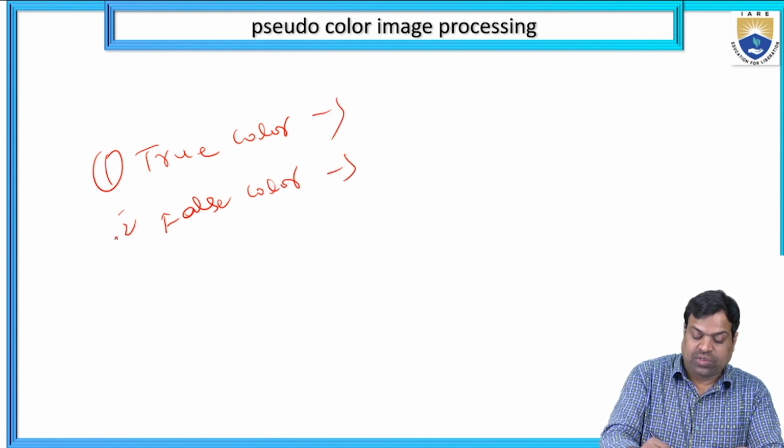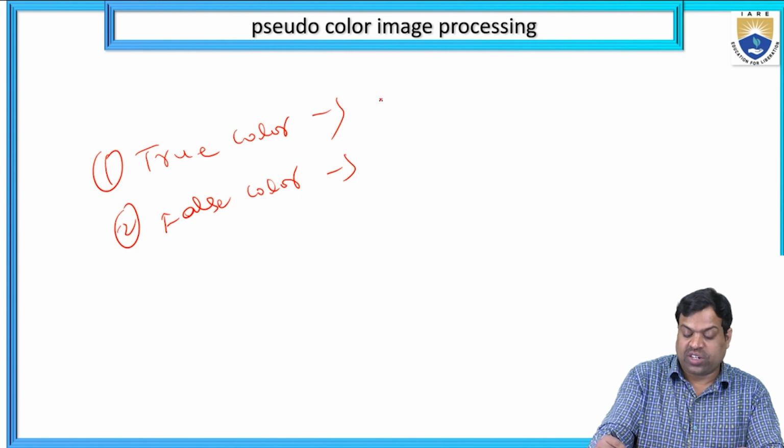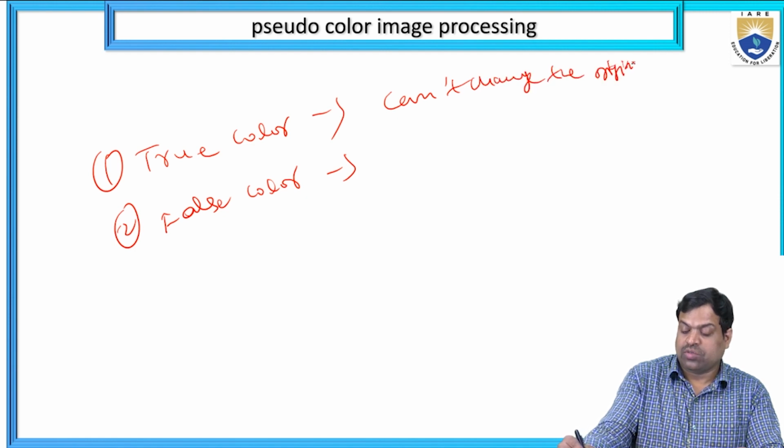So there are two types of colors, true color and false color. True color means you can't change the original color.